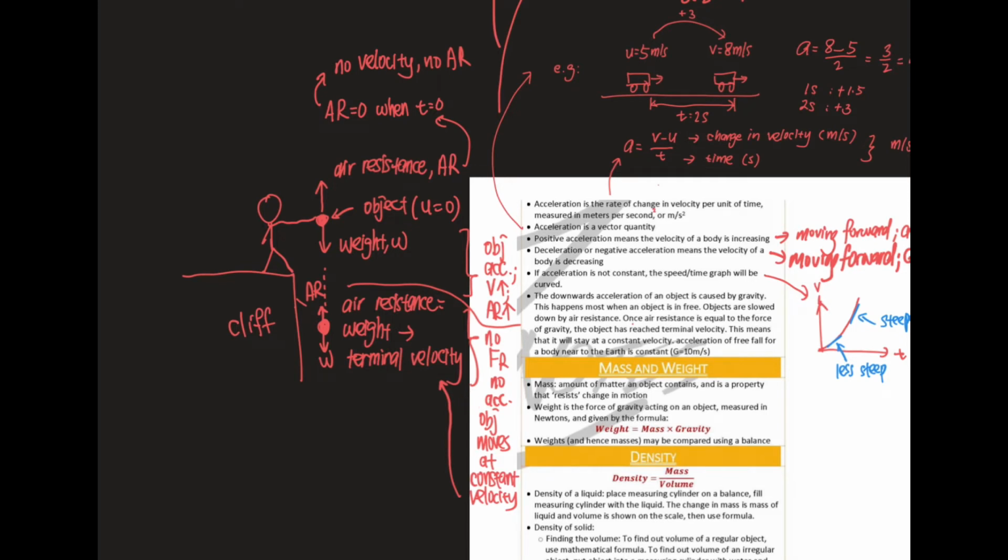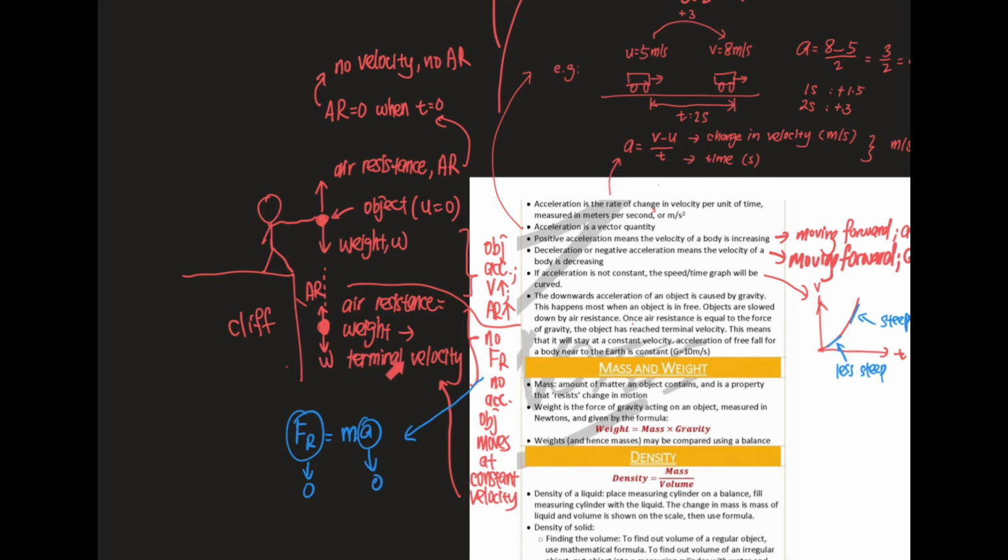Of course, you will learn Newton's second law later. Now you just take it like this first. When there is no resultant force, there is no acceleration. So the object moves at constant velocity because there is no more acceleration. And we call this velocity the terminal velocity.